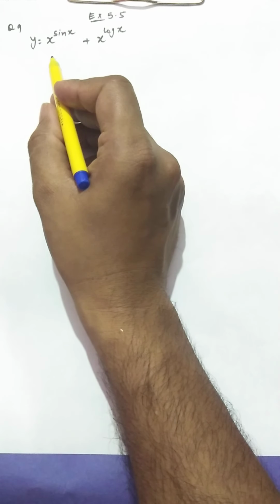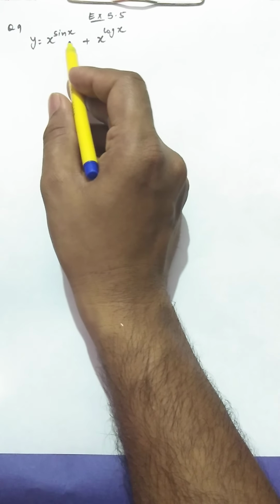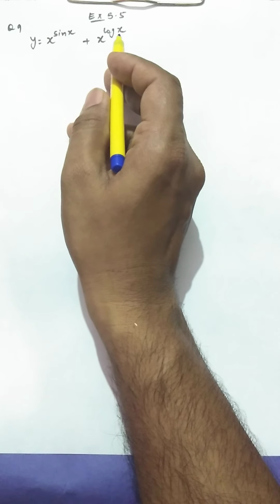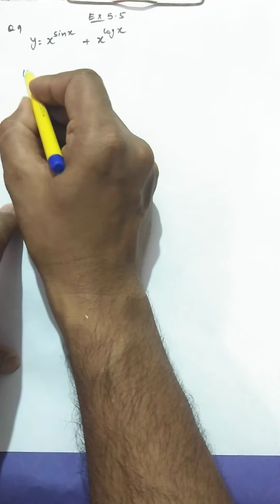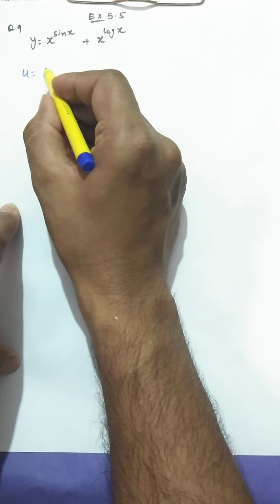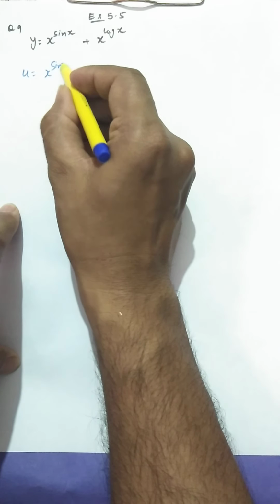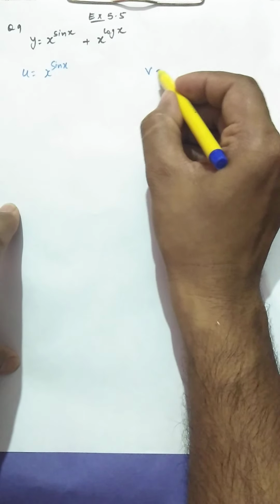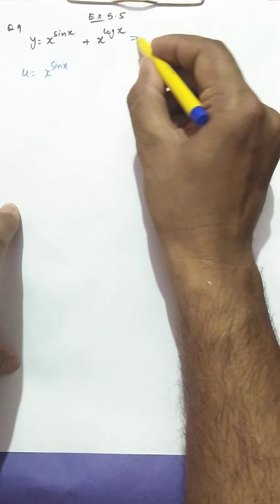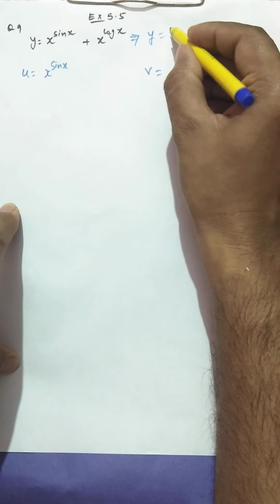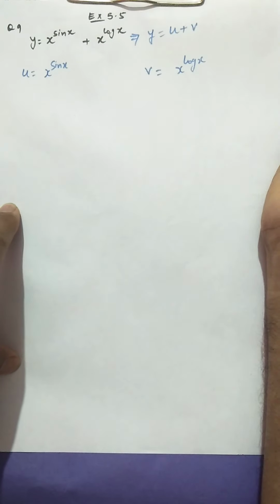This is the question: y equal to x exponent sin x plus x exponent log x. So you can see this, we have to assume u as x sin x, and we have to assume v as x log x. So it means y will become u plus v.